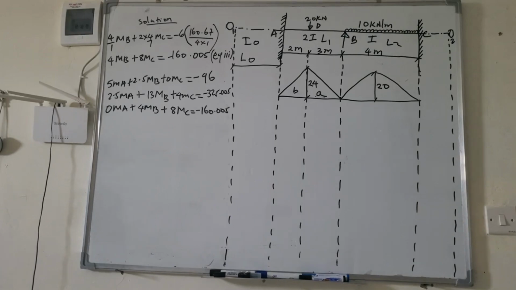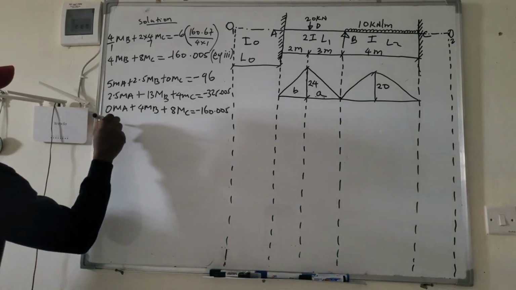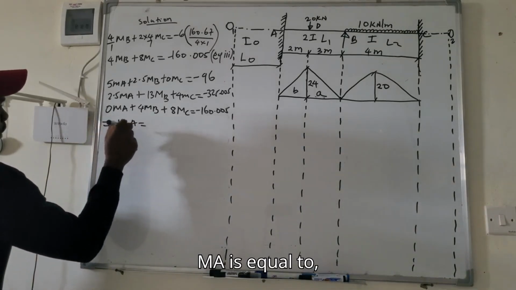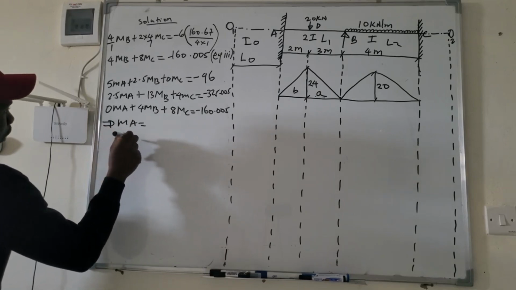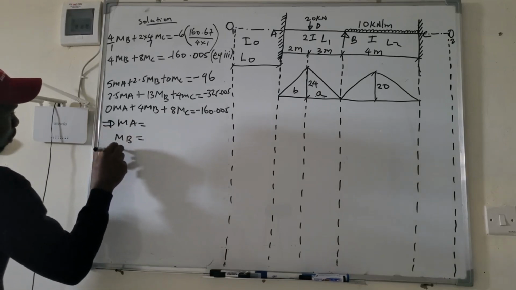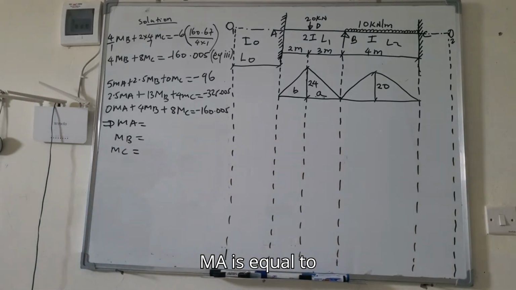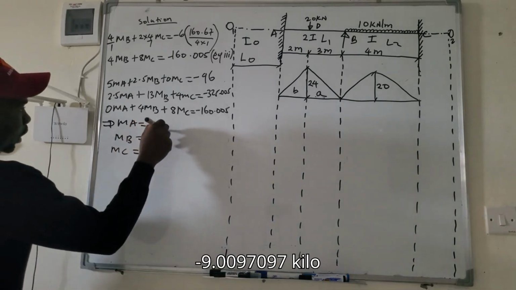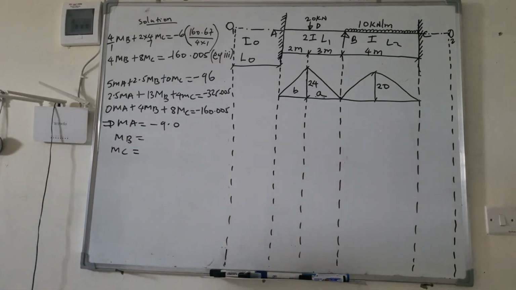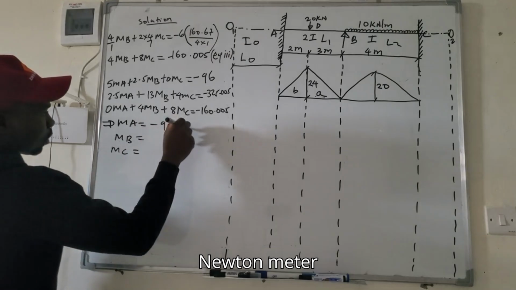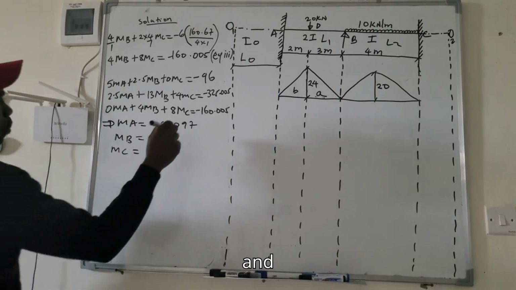Which implies MA is equal to negative 9.097 kilonewton meter.